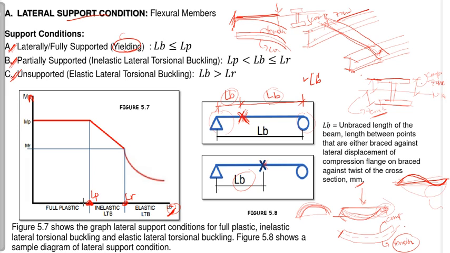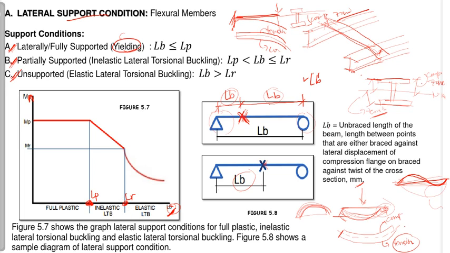Katulad din ito sa compactness, pag naalala nyo, may limits din tayo dyan, yung lambda r and lambda p. Wherein nakla-classify natin yung beam in terms of compactness. This time, we classify our beam in terms of our lateral condition. So, isosolve muna natin yung Lp, isosolve din natin yung Lr.